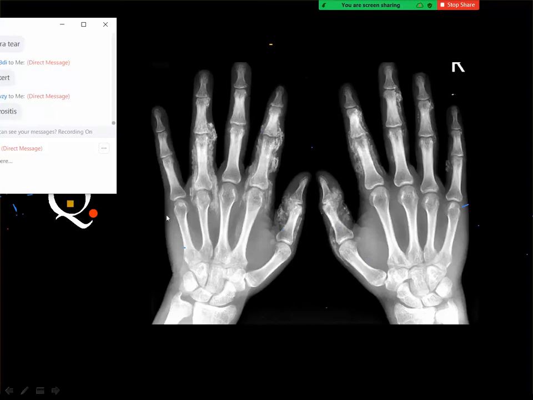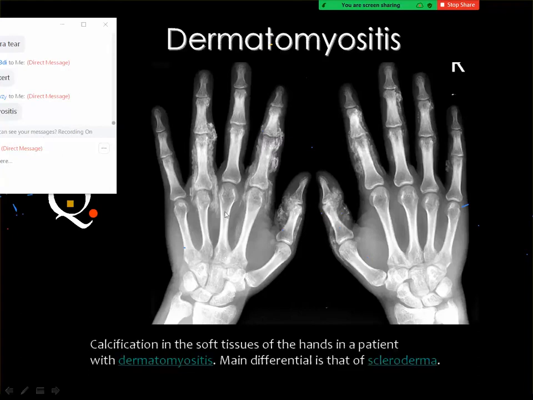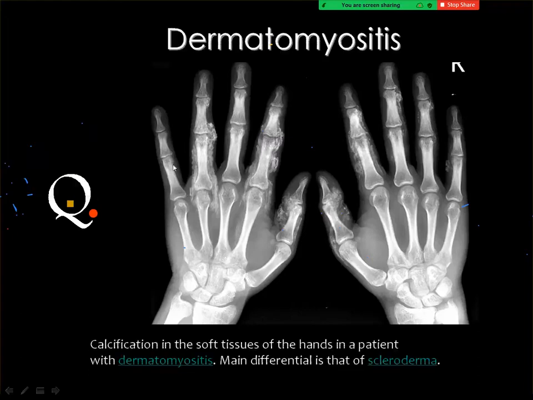Yes, the answer is dermatomyositis, as Nahla said. The calcium is confined to the subcutaneous area, and the bone density is preserved. The phalangeal tufts are not eroded, and this can differentiate dermatomyositis from scleroderma, of course.